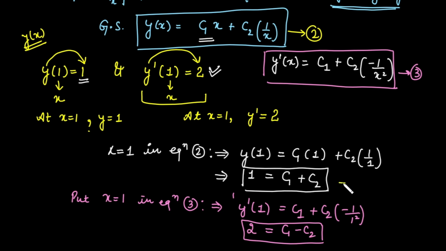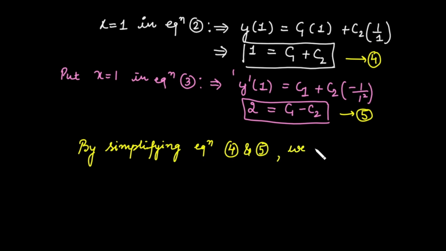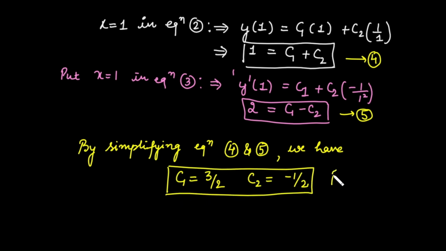Suppose this is equation number 4 and this is 5. Now simplify equations 4 and 5 to get the values of c1 and c2. By simplifying, we have c1 equal to 3 by 2 and c2 equal to minus 1 by 2.